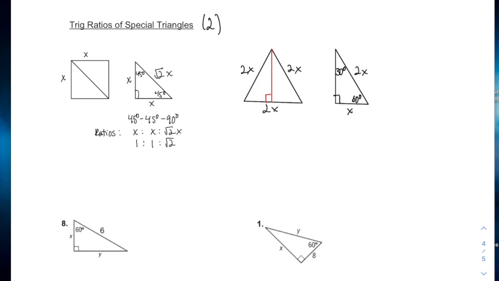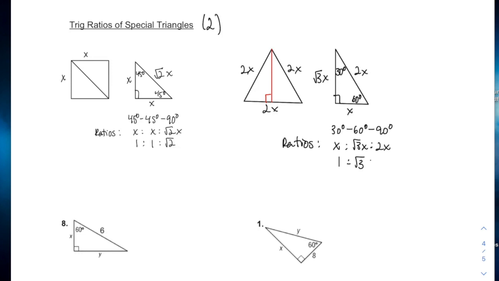And we again used Pythagorean theorem to get root 3x. So we call this a 30, 60, 90 triangle.